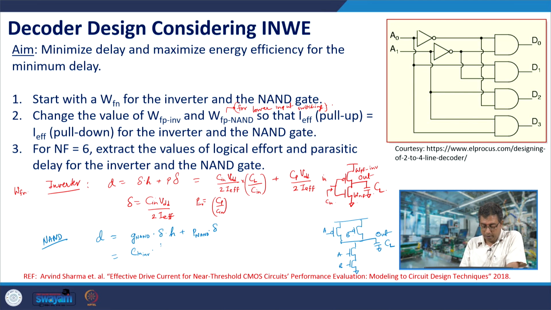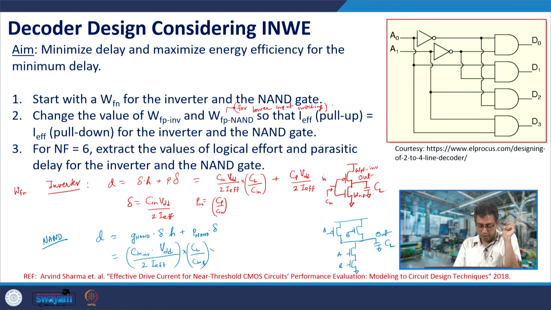Delta is C in of the inverter into VDD by 2 times I effective of the inverter. H is CL by C in of the input B of the NAND gate.